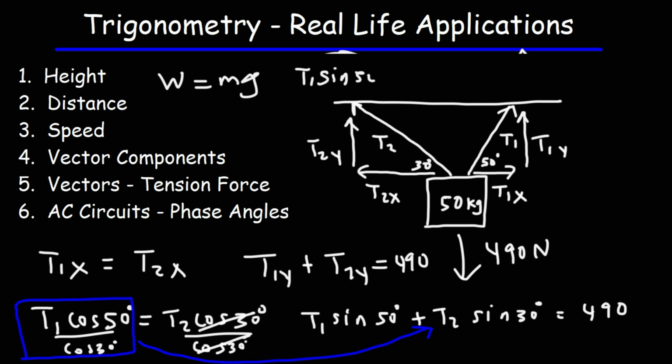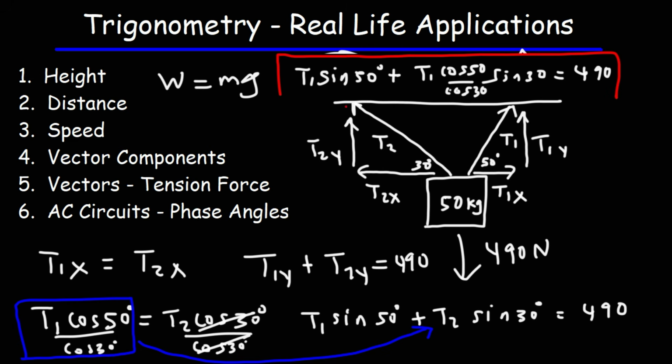It's T1 sine 50 plus T1 cosine 50 over cosine 30 times sine 30, and that equals 490. So in this equation, you only have one variable, T1, which means you can now solve for T1. Once you get T1, you can plug it in here to get T2. So that's how you can solve a real-life physics problem, calculating the tension forces in the rope using trigonometry.